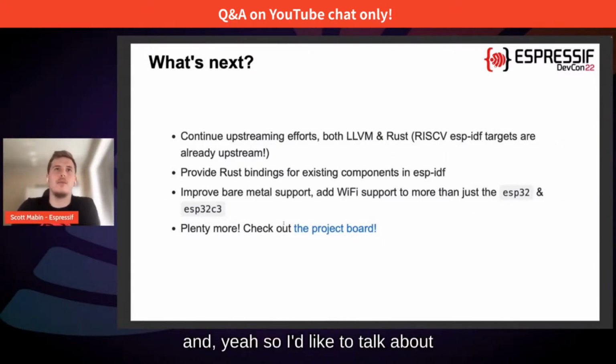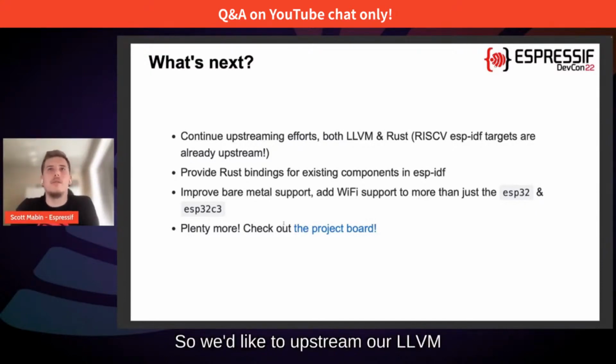Yeah, so I'd like to talk about what we want to do next. So we'd like to upstream our LLVM Xtensa backend. This will make things simpler for everyone, including ourselves. So we've had the patches in review for a few years, but we're making a really strong effort right now to try and get some more coverage on that.